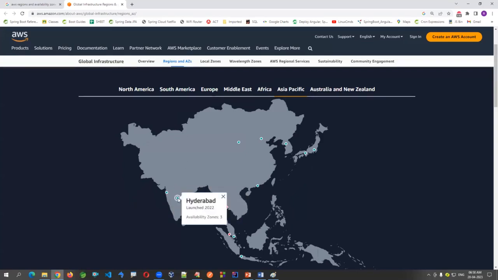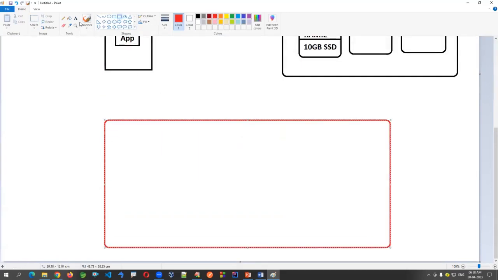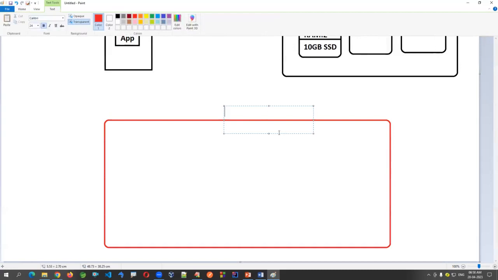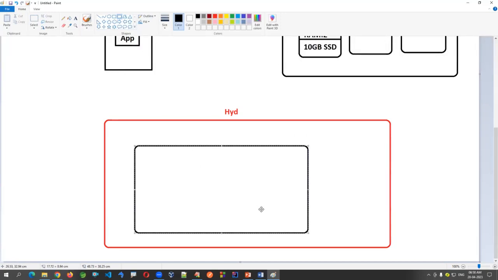There is a server in Hyderabad. You can see, okay, that means this is the Hyderabad location. In the Hyderabad location, AWS has taken some space, purchased some space, and after purchasing it, they installed some physical machines.